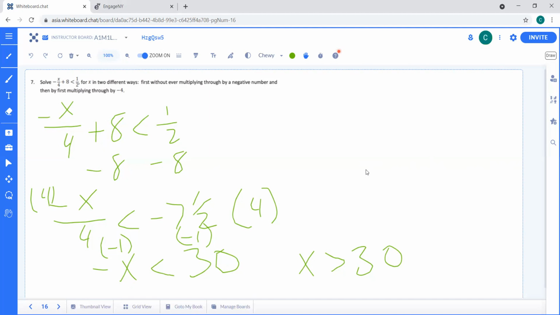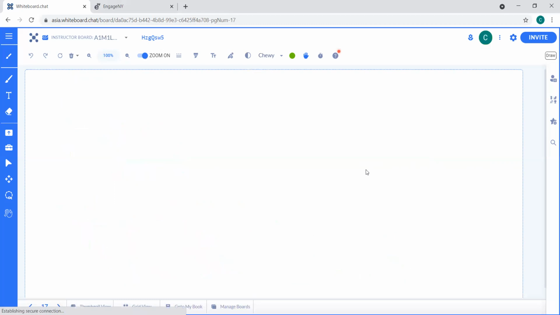How would you have done it without multiplying through by a negative number? Just do it like that. That's the best way to do it. And that's it.